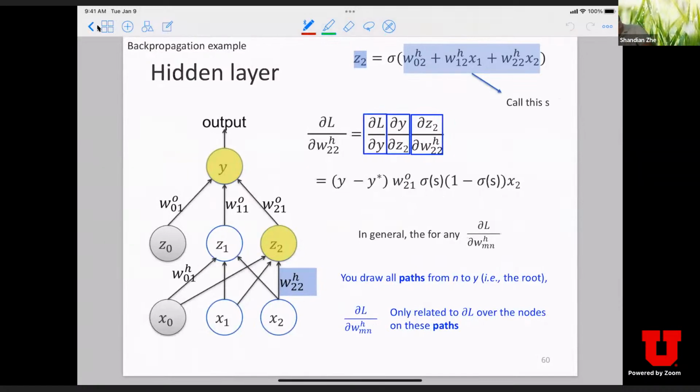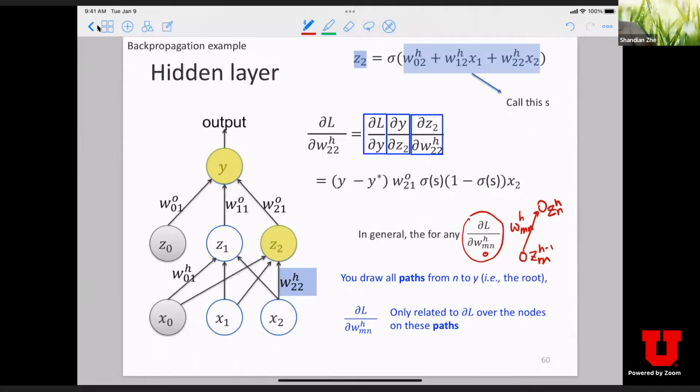In general, if you want to compute partial L over an edge weight denoted by W_MNH, where M and N just means you connect ZM in the previous layer H minus 1 to ZN in the target layer H, this is the edge where W_MNH sits.